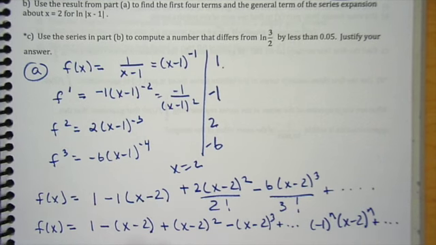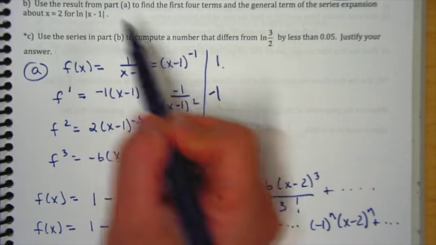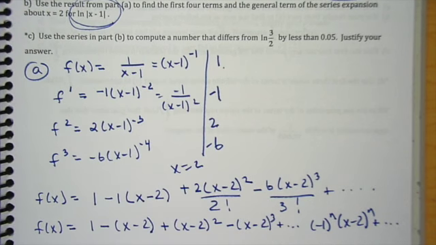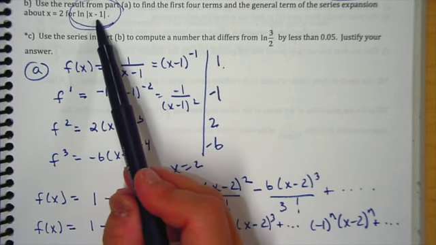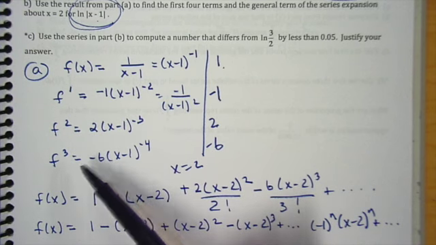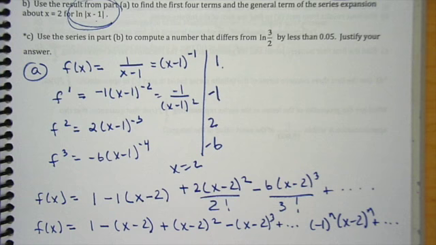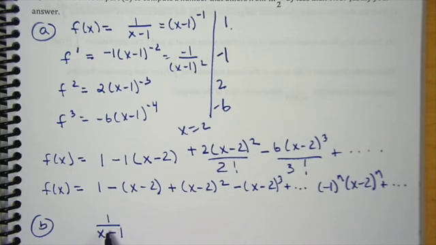Okay, part B. It says use the result from A to find the first four terms and the general term for natural log of x minus 1. So again, you can do this problem by taking the derivatives, like we did here with this function, and doing it this way. But it says specifically to use your answer from part A. Well, what you need to think about is, in part A, we created this series.